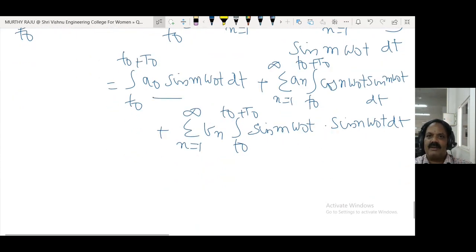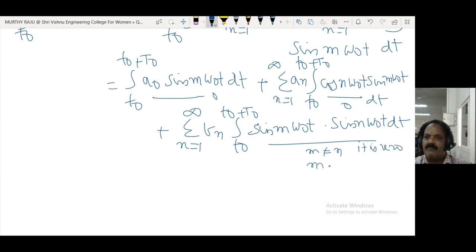Here the first and second terms are equal to 0. The last is also 0 when m not equal to n. For m is equal to n, this integration is not 0.